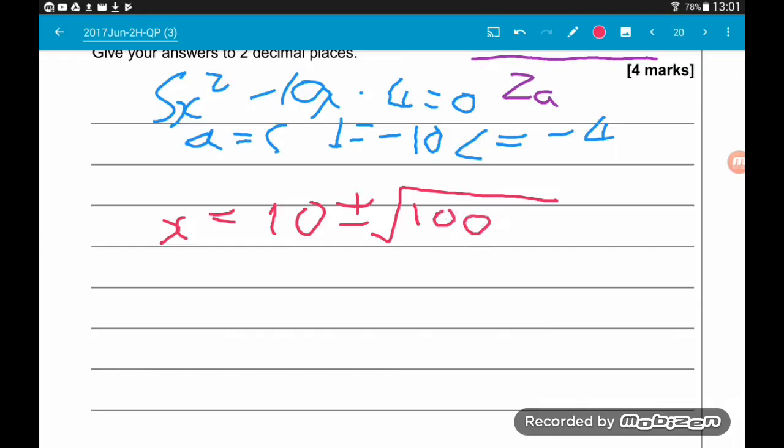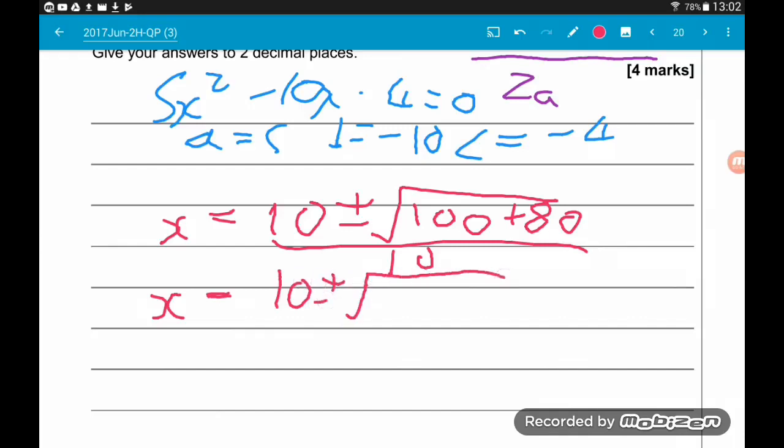Now we've got minus 4 times 5, which is 20, times minus 4, which is going to give us positive 80, and that is all divided by 2 times a, so 2 times 5 is 10. So we've got x is equal to 10 plus or minus the square root of 180 all over 10.